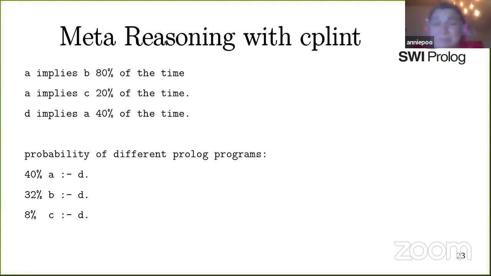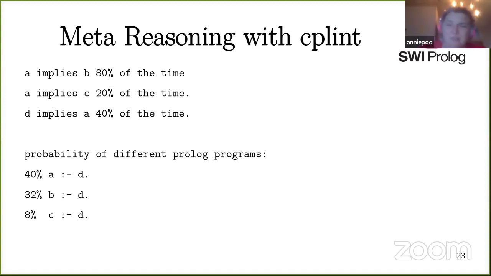CP-Logic is a system by Fabrizio Riguzzi at the University of Ferrara, which allows us to model this sort of world. And what CP-Logic does is it gives us different Prolog programs and the probability that each is the logical model of the world.